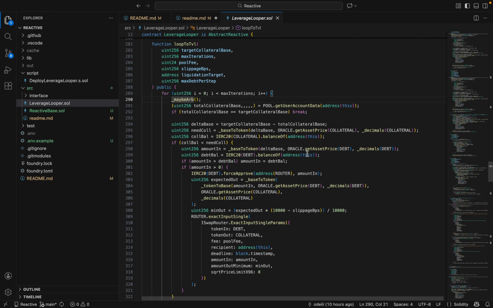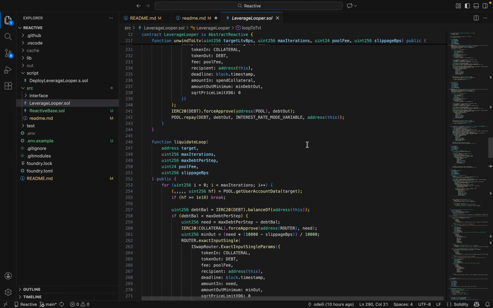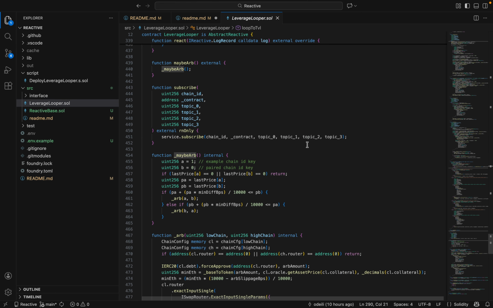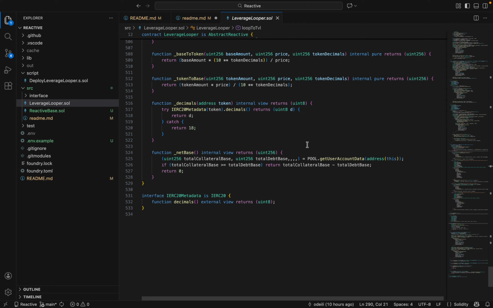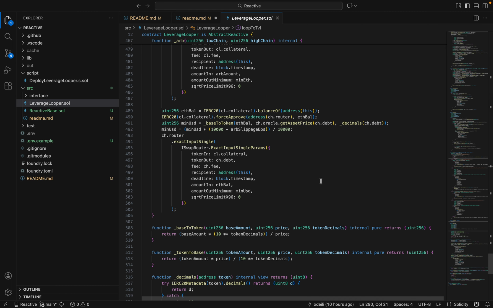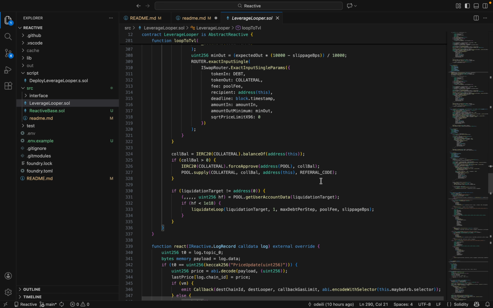So we are using the Reactive Network to check for the events of specific things you're expecting to happen, like certain positions and their liquidation thresholds, and how we can use that to profit, all while profiting on arbitrage to get a higher value to be used as collateral to be able to liquidate.